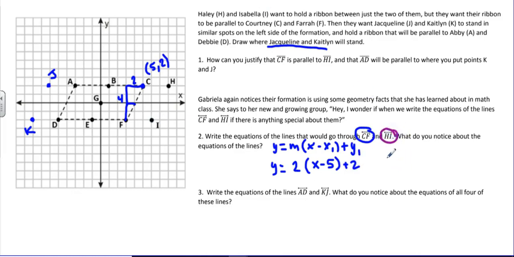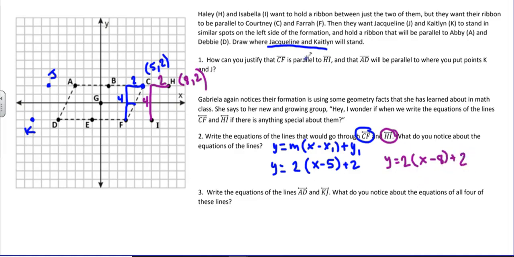Now for HI, y equals, I'll get my slope, go up 1, 2, 3, 4 over 2. Then I have the slope 4 over 2, which would simplify to 2. And then I'll use the coordinate of H, which is 1, 2, 3, 4, 5, 6, 7, 8, 2. So x minus 8 plus 2.